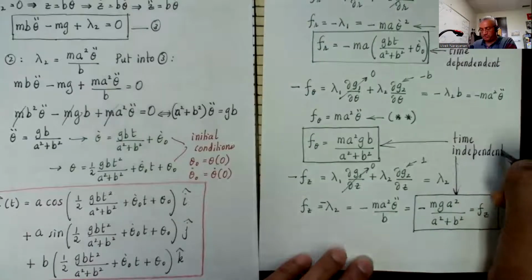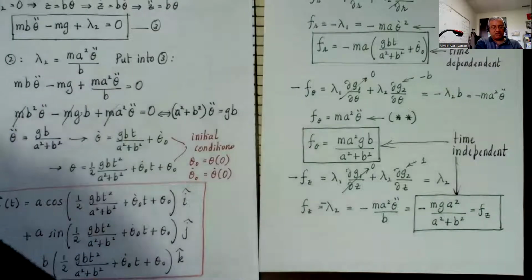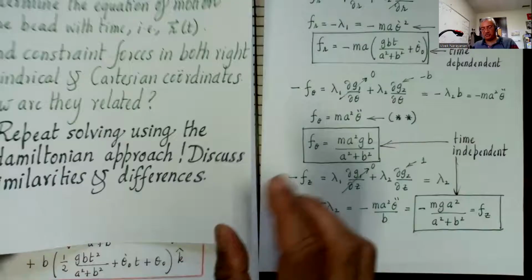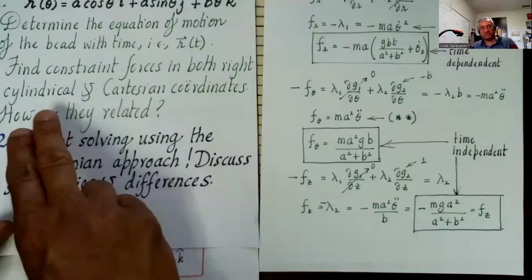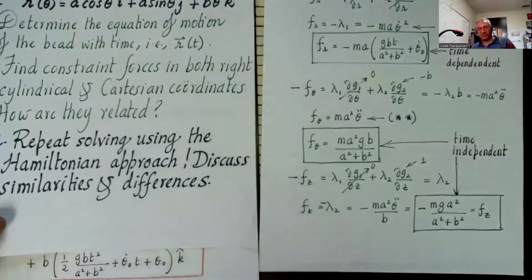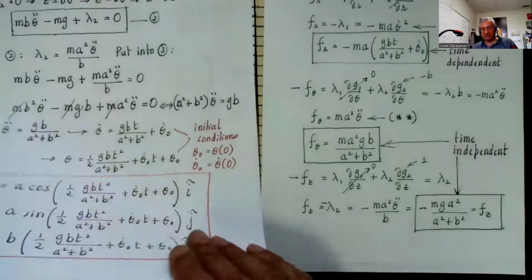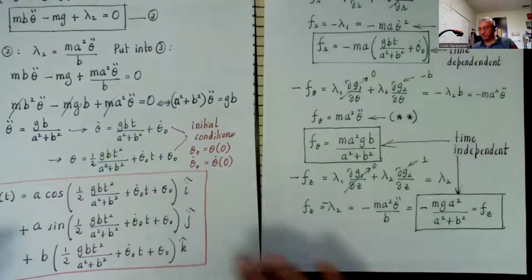Now we have been asked to ferret out the meaning behind the relationship between the Cartesian and the right cylindrical coordinates, how they are related, the constraint forces. So for that, we have to resolve the problem in Cartesian coordinates.